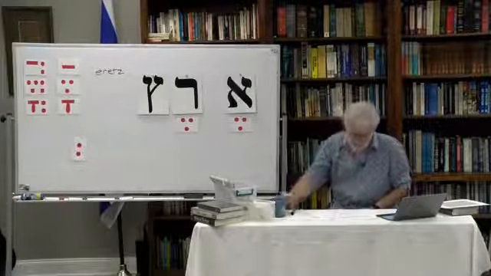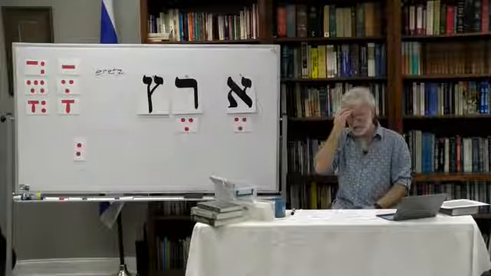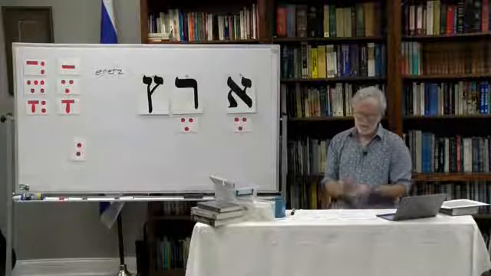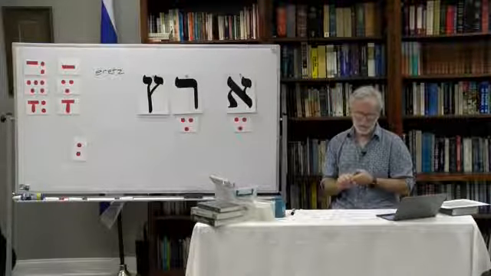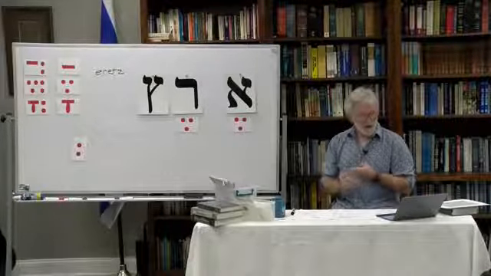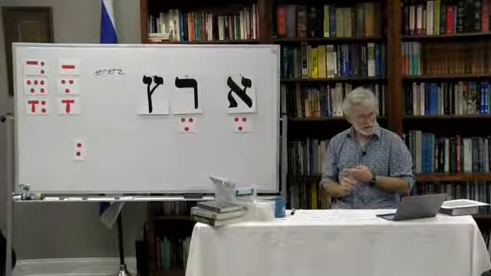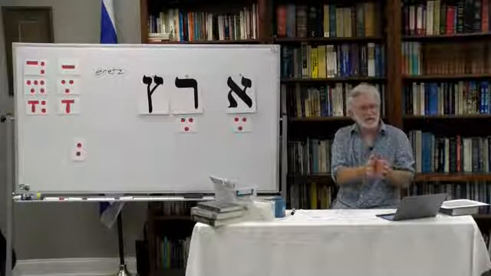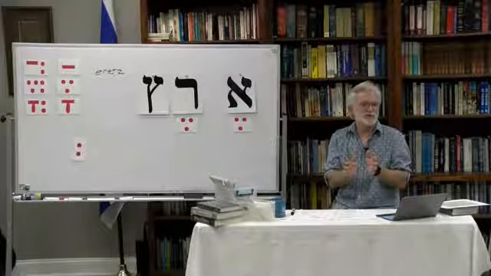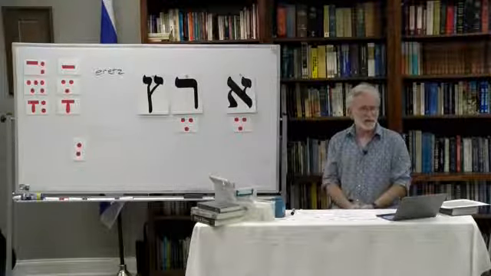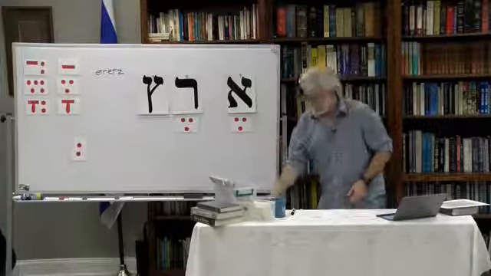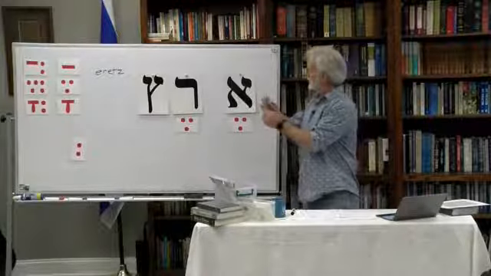But I want to begin just to make sure that you understand what we're talking about. The two that I want to focus on are called the Tanakh, which marks the middle or the end of the first half. The word under which the Tanakh appears looks in many texts like this symbol here.